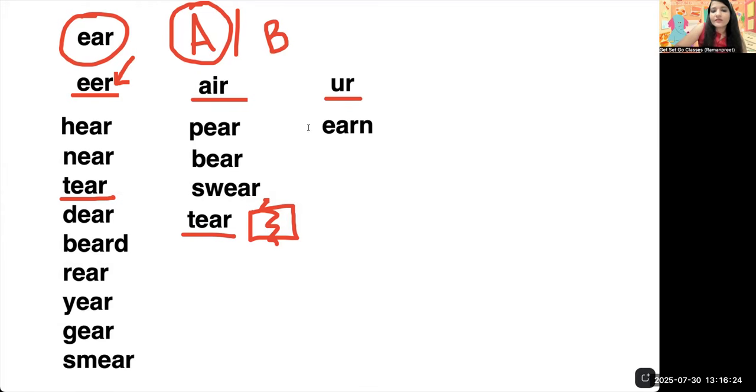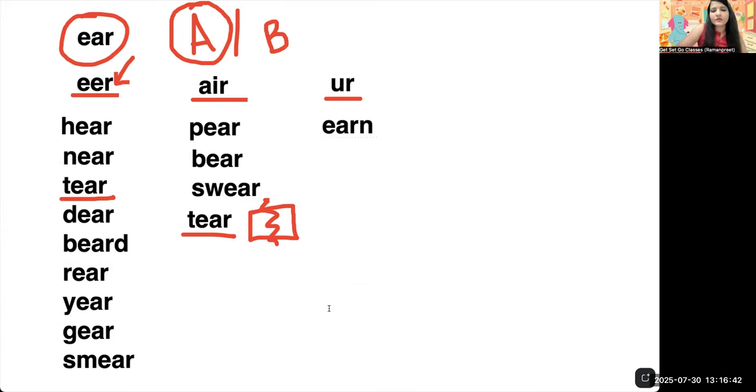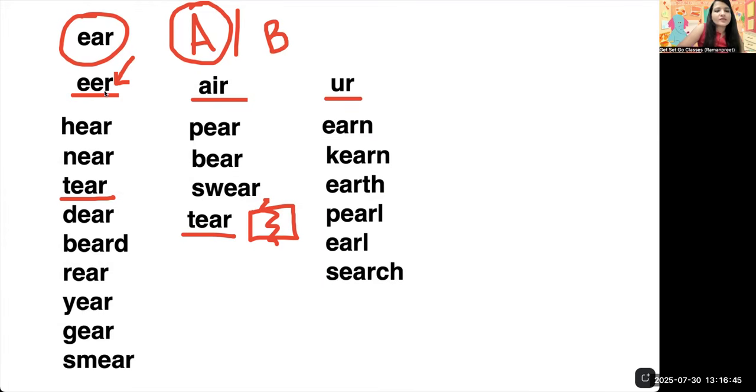Then if you talk about the words with UR sound, you have earn, you have learn, and we have words like earth, the planet, pearl, earl, surge. Now, you must have heard me reading these words. So here, near, pair, bear, swear. This is the difference in earn.